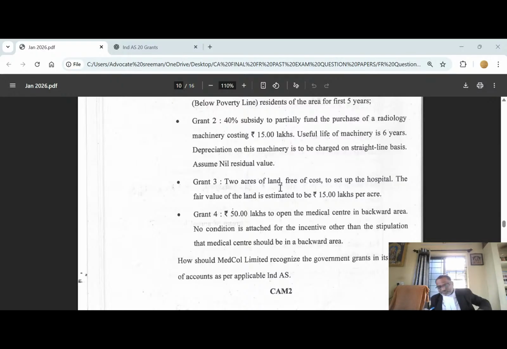Relevant Ind AS provision: Para 23 of Ind AS 20. Non-monetary grant may be measured at fair value or nominal value.